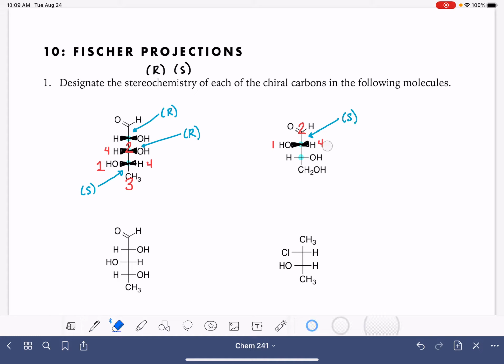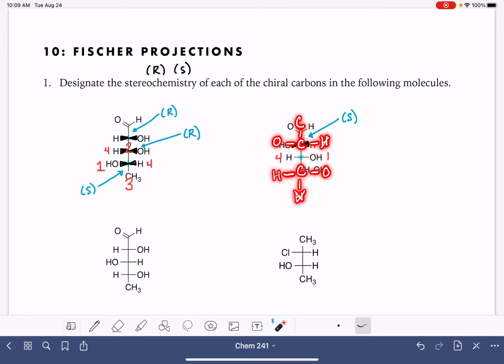And then let me erase these numbers so that we can try again for the next one down here, looking at this guy. Hydrogen is number 4. Oxygen is going to be number 1. Carbon versus a carbon. What's attached? We have an oxygen, carbon, hydrogen. And then this guy down here is a hydrogen, hydrogen, oxygen. We're trying to find a difference.